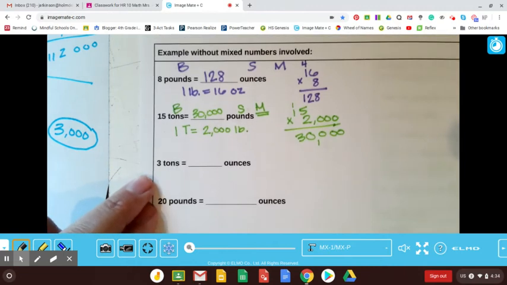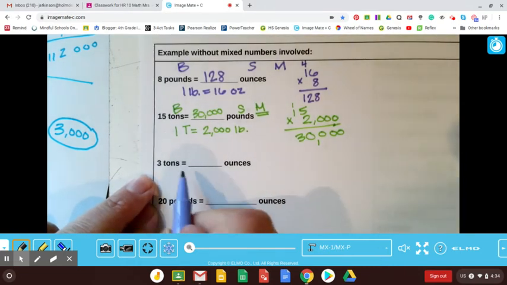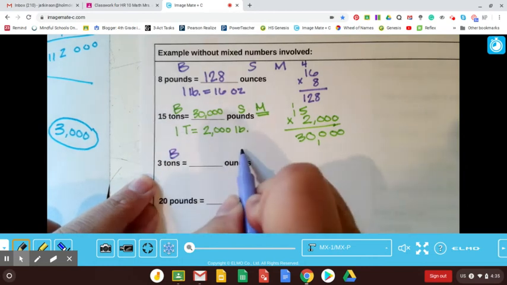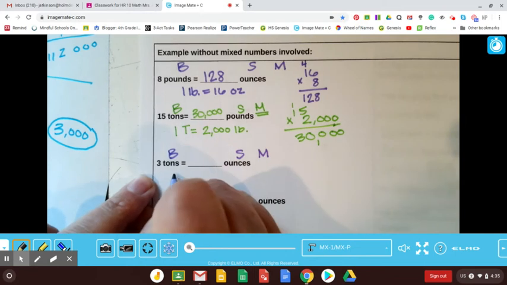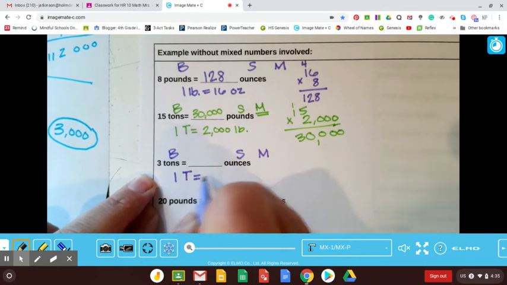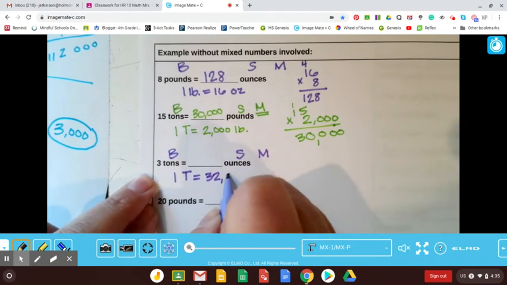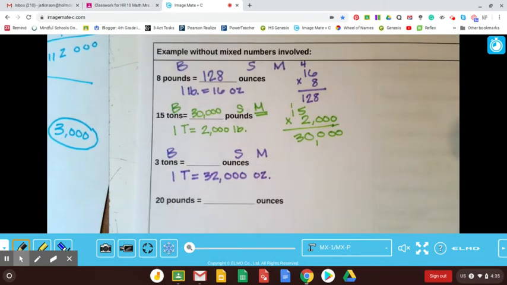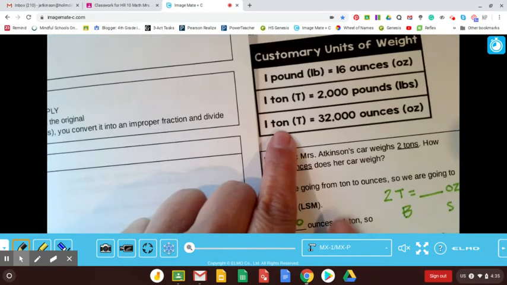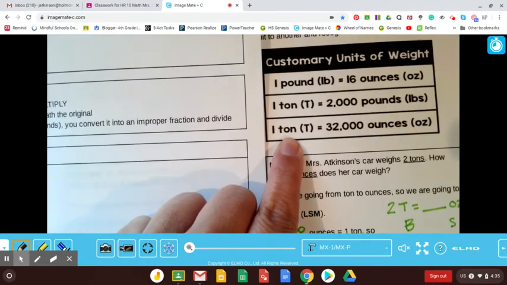All right, let's do another one. 3 tons is how many ounces? We're going from a big to a small, multiply. Well, I know that 1 ton is 32,000 ounces. Where did I get that from? Well, it says it right here on my conversion cheat sheet, right? 1 ton is 32,000 ounces.